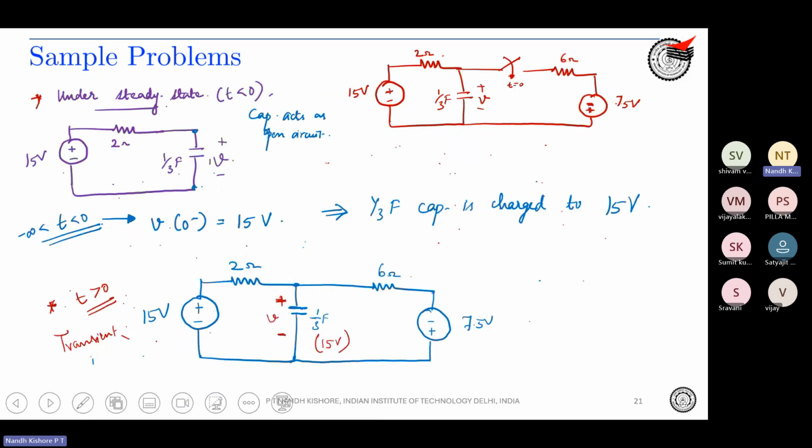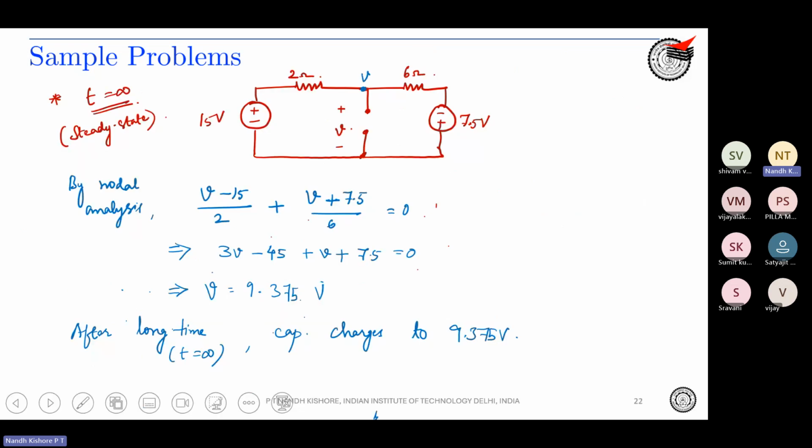Initially the capacitor was charged to 15 volts, and after that the capacitor voltage is falling to 9.375 volts. So the capacitor voltage starts at 15 volts and from there it falls to 9.375 volts. Fine.